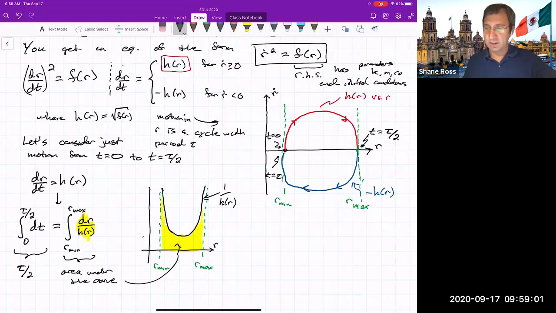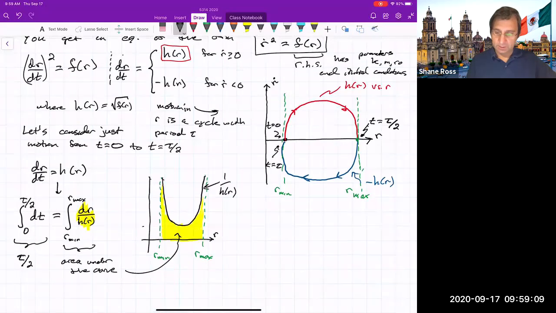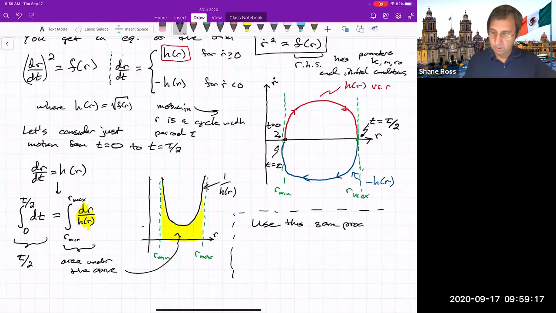So you can numerically do that, and if we knew what the initial conditions were, we would get some number here. Okay, so you would use this same procedure to solve for the period of the radial motion for homework 2.2. I think it's part B.